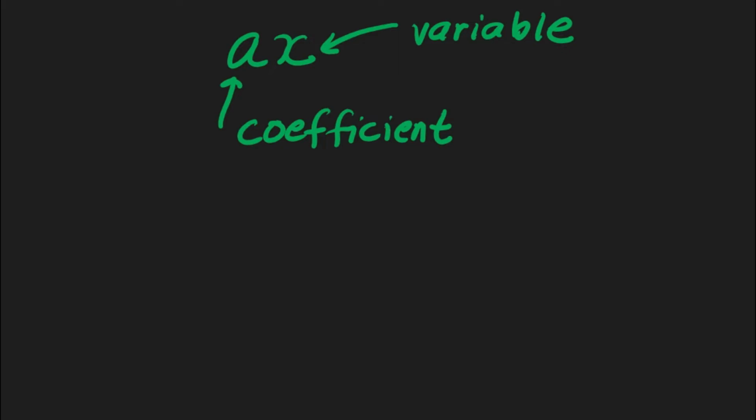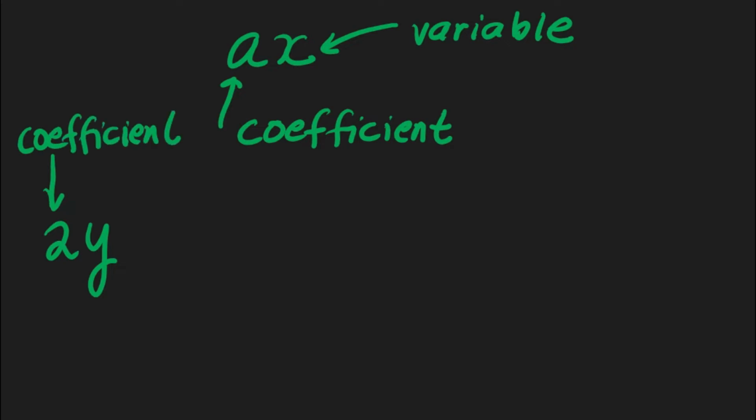For example, we have 2 times Y, like this, 2Y. This number 2 is the coefficient, and this alphabet Y is the variable.